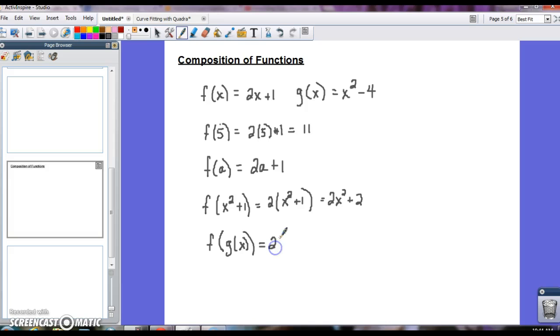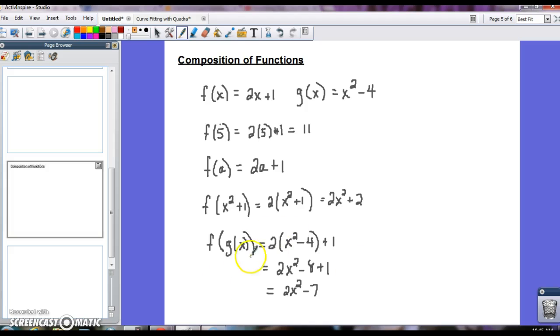So I end up with 2 times x squared minus 4, because that's what g of x is, plus 1, which would then give me 2x squared minus 8 plus 1, or 2x squared minus 7. Composition of functions is just replacing the x in the first function with the other function. That's the whole idea behind composition.